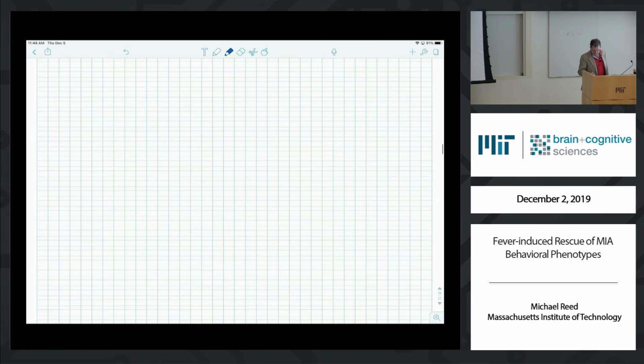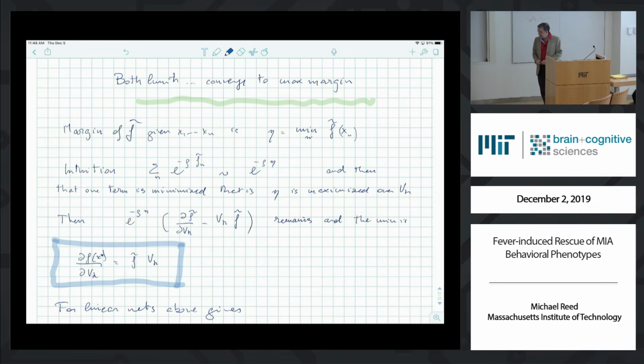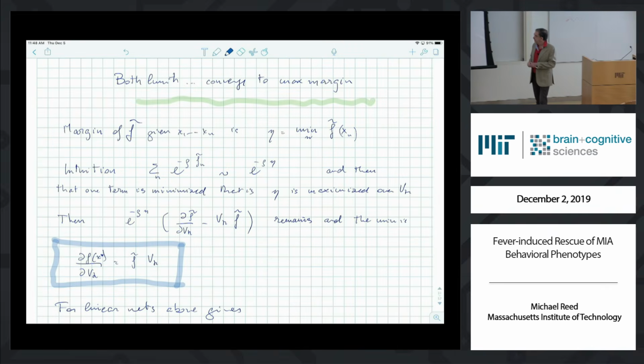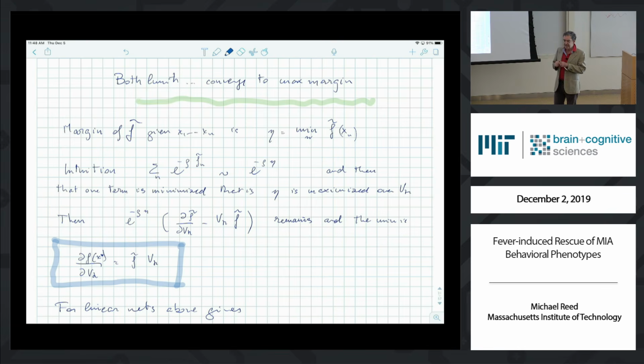So you can show that both those limits, for rho going to infinity or for t going to infinity, when you have the dynamics of v and rho, they converge to maximum margin.